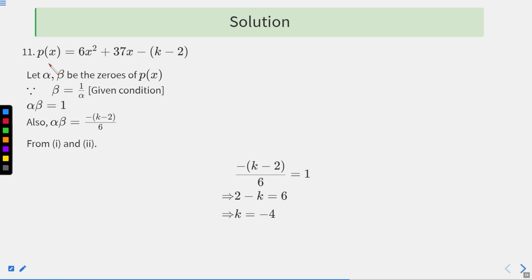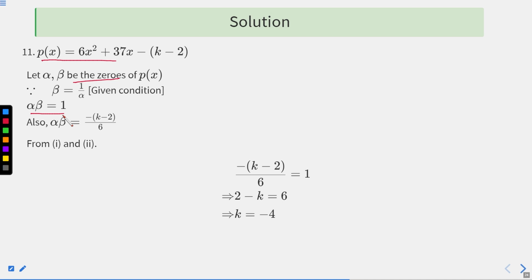So we have p of x equal to 6x squared plus 37x minus k minus 2. Okay, so here we have been given this quadratic polynomial, and we let alpha and beta be the zeros of p of x, and therefore beta is equal to 1 by alpha. That is the given condition. Okay, so now alpha times beta is equal to 1.